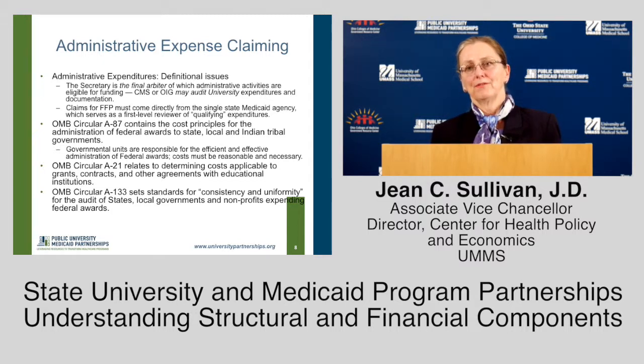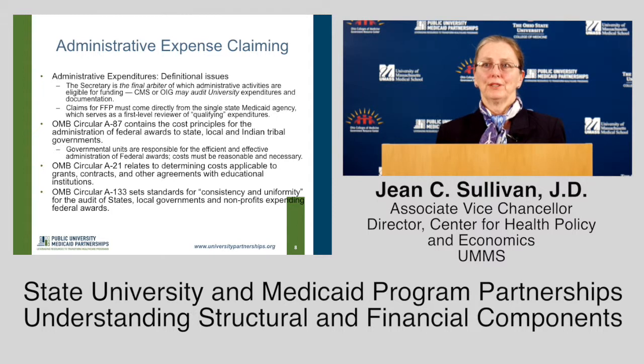The actual claim for FFP is always submitted by the state agency, but the university's role is in documenting the expenditures and certifying that they are related to Medicaid. I'm not going to go into too much detail.